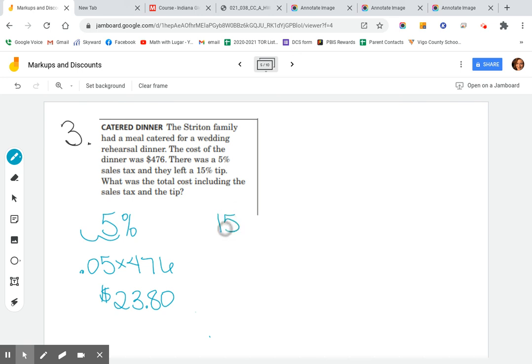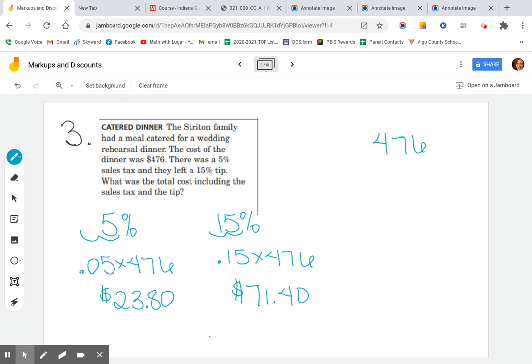And this time I'm going to work with the 15%. So scoot. I'm going to make that 0.15 times 476. And that gives me a tip amount of 71.4. So that means $71.40.